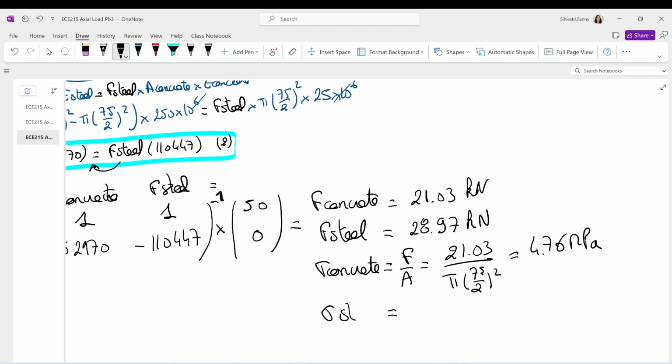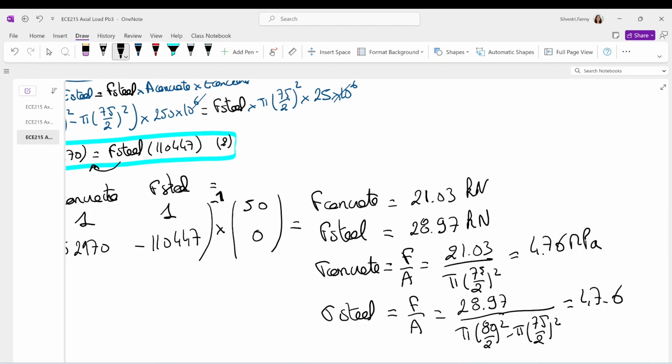And the sigma in the steel equals the force divided by the area of the steel. So this is 28.97 divided by pi times 80 divided by 2, squared, minus pi times 75 divided by 2, squared, because this is just the pipe, and we get 47.6 megapascal.